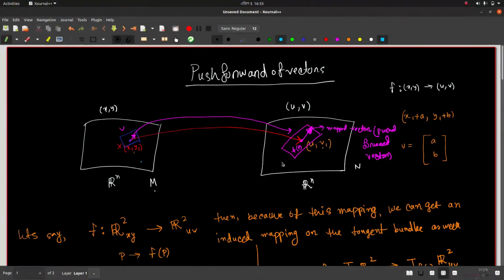And that's why we need to see how these vectors get mapped from one manifold to another, because the vectors themselves don't live on the manifold, they live on the tangent spaces, and that's why we are interested to see how this tangent space mapping is working. And when you consider all the points, then it becomes a mapping on the tangent bundle. So that's why we have to formally define this push forward of vectors.